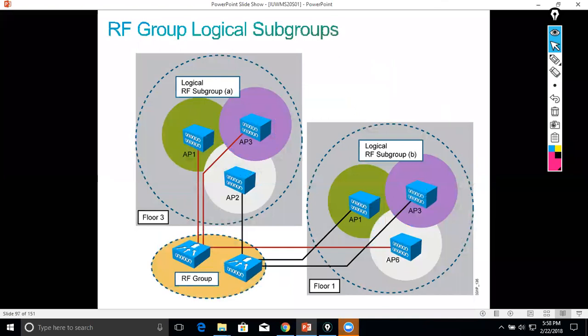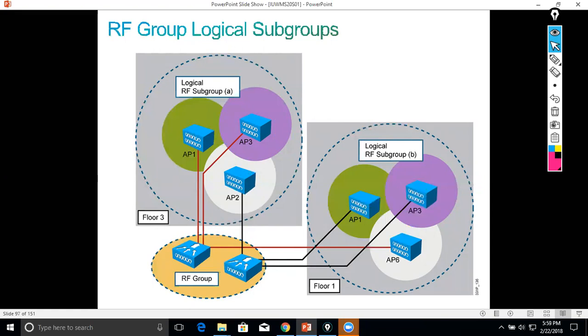We have different RF groups. Some APs are members of RF group A. I have one RF group on a controller, and in RF group A we have AP2, AP3, and AP1 on floor 3. We have a different RF group managed by a different controller, with other APs like AP3 and AP6.